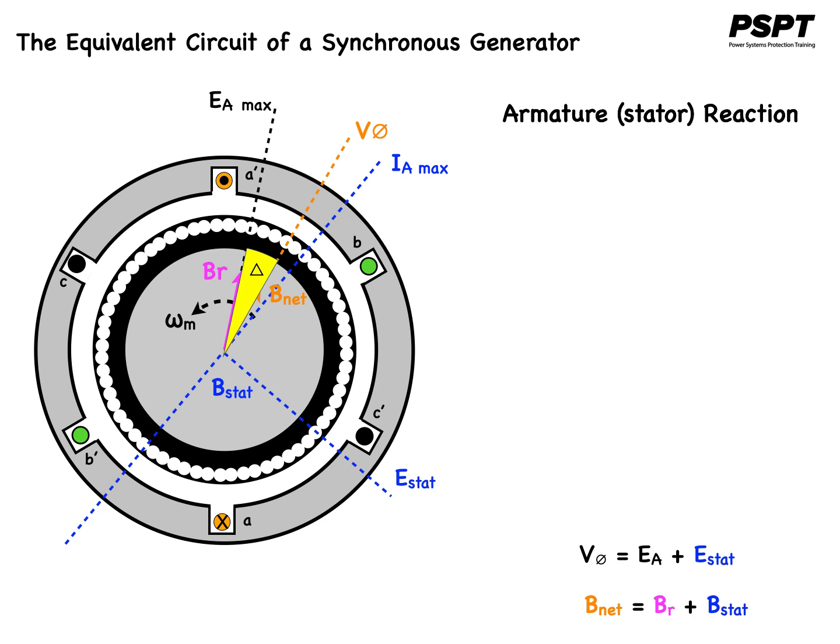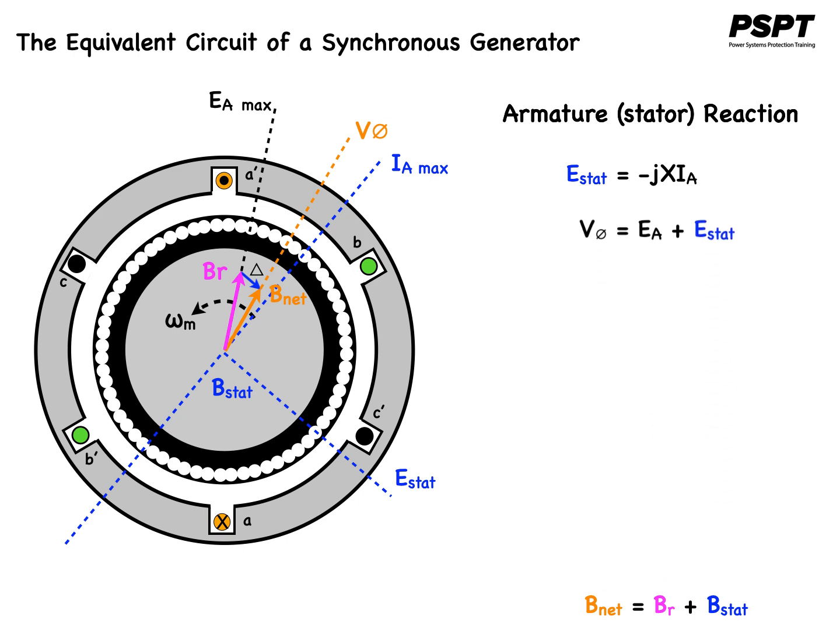Also note that the voltage E stat is directly proportional to the current IA. And if we let X be a constant of proportionality, then the armature reaction voltage can be expressed as E stat is equal to minus jX IA.